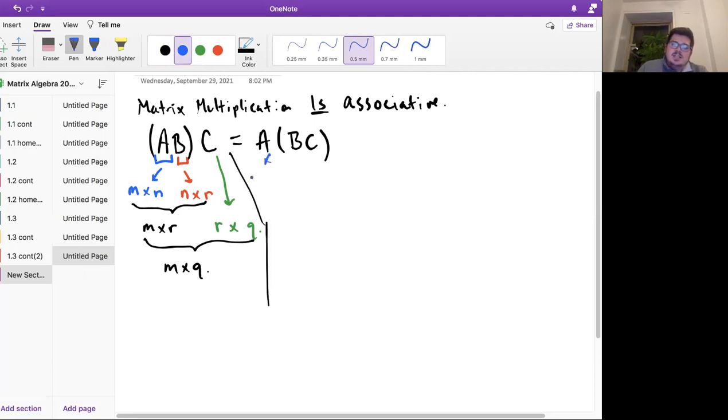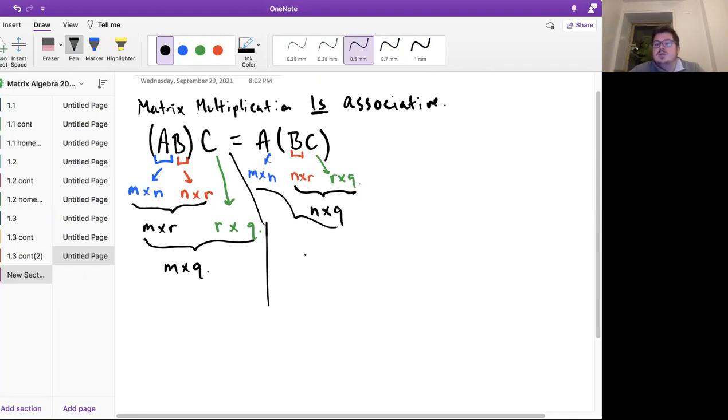So we said A was m by n, B was n by R, and C was R by Q. What dimension is B times C? N by Q. And then what dimension is this one?